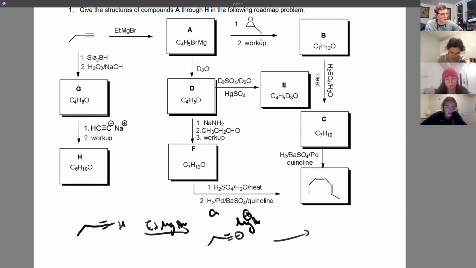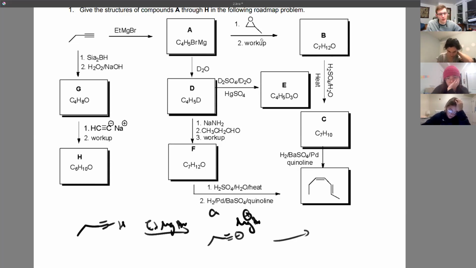And maybe to make the question more interesting, does that mean it'll attack on the more or less substituted side? It'll occur at the less substituted side.